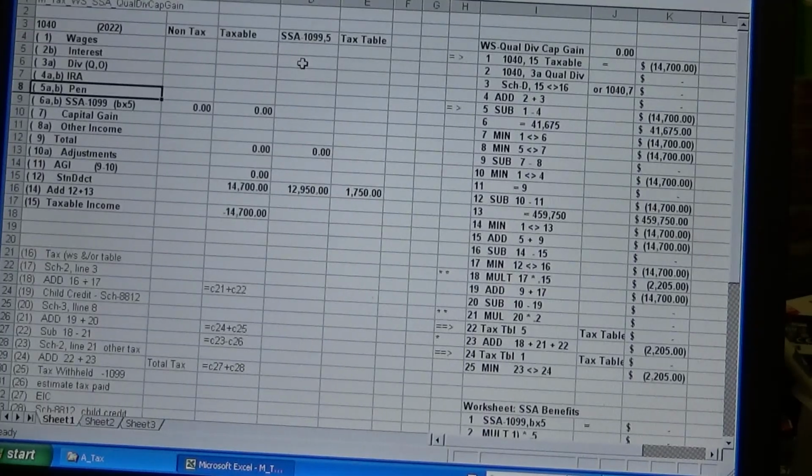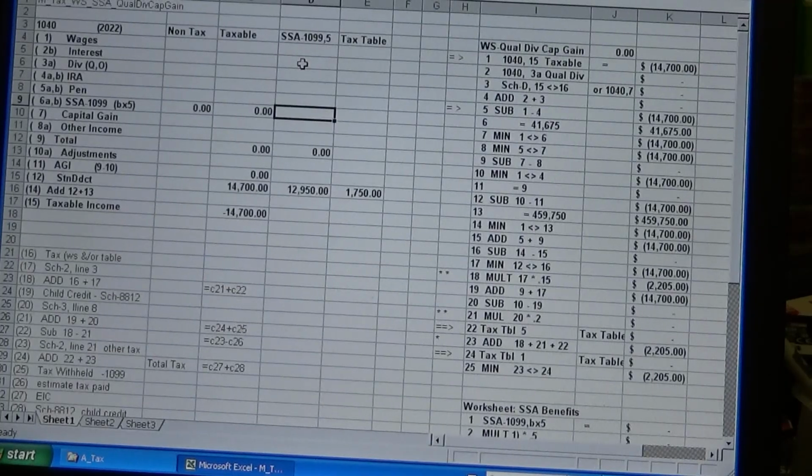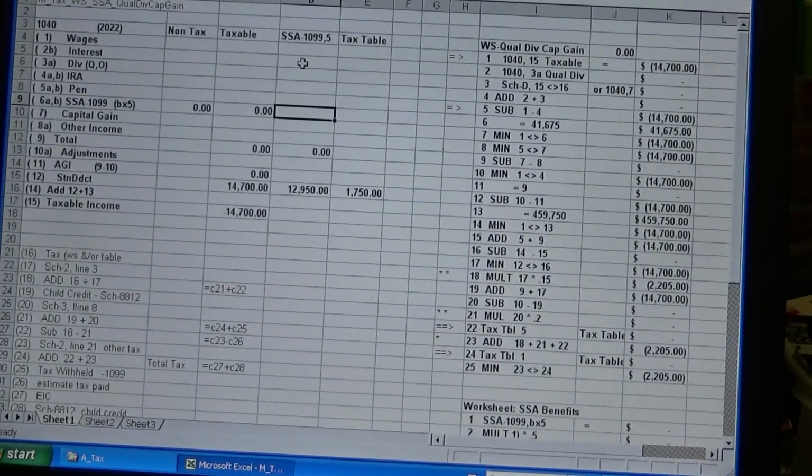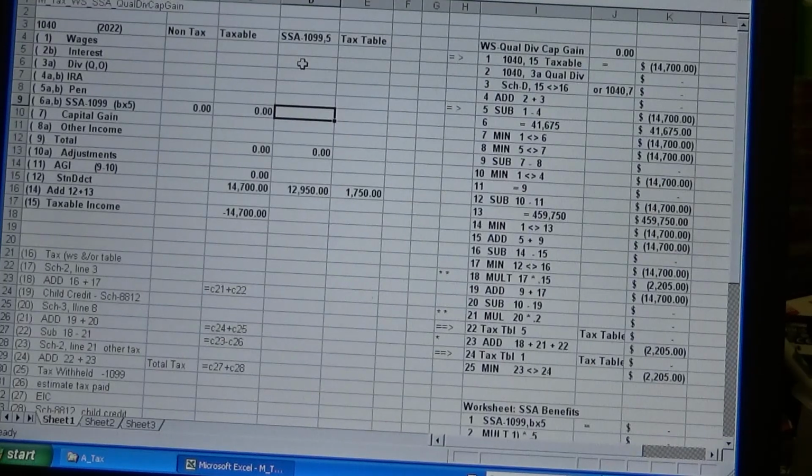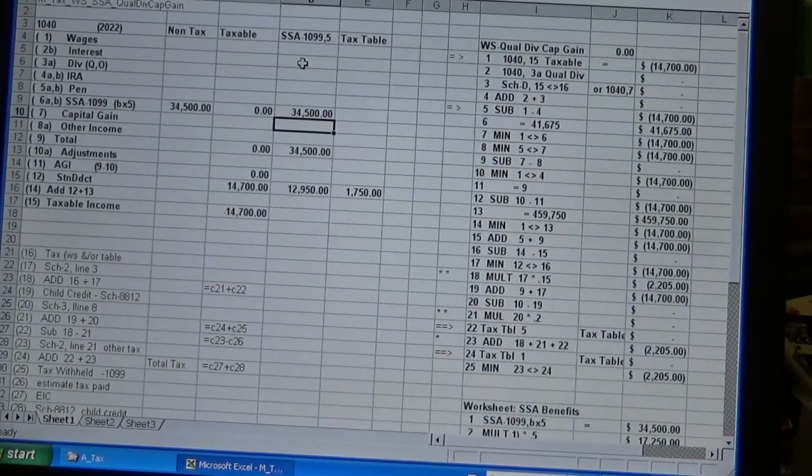So we're going to start out with our Social Security benefits. This varies based upon other income you have. I know how much that's going to be. There we are, and you see 0 of it is taxable if that's all you have.